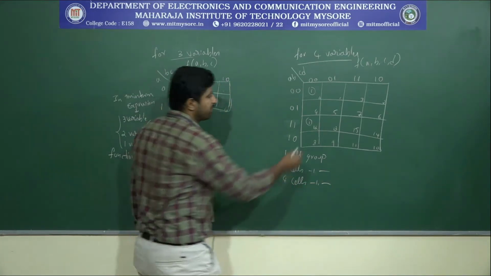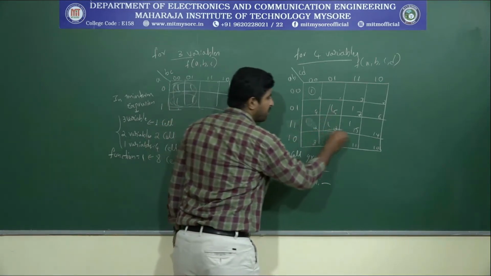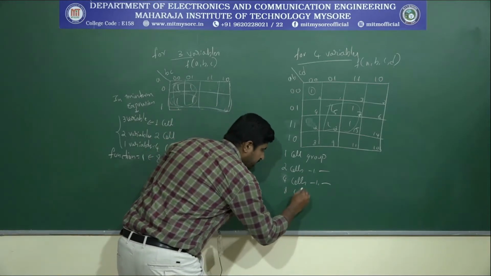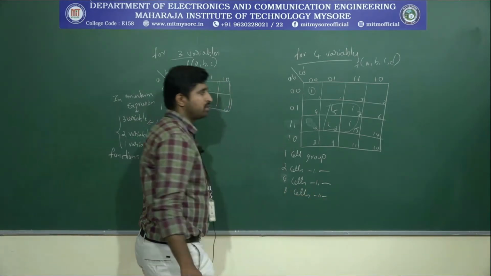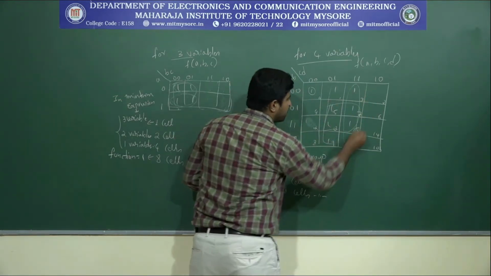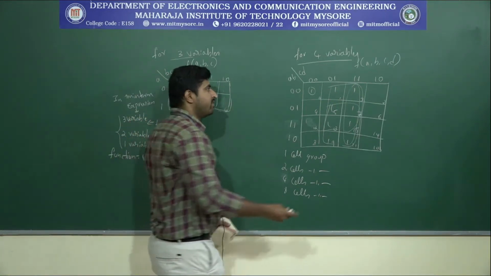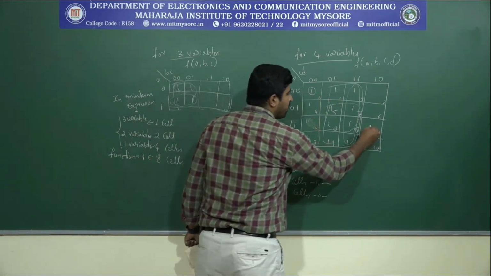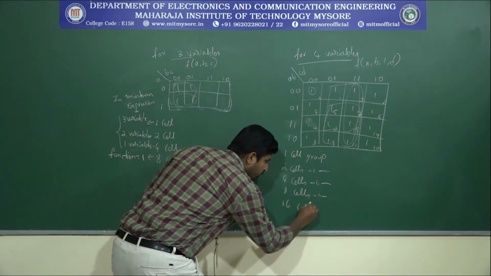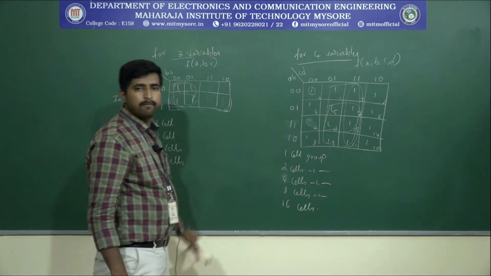Assuming the K map is like this, these 4 cells can be grouped. Even an 8 cells group is possible. If you have the 1s all together like this, we can make one 8 cell group. And even if all the cells are 1, a 16 cells group is also possible in a 4 variable expression.